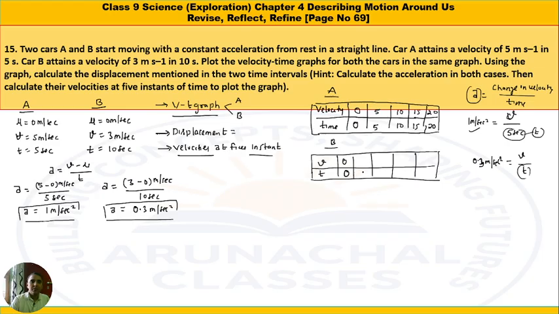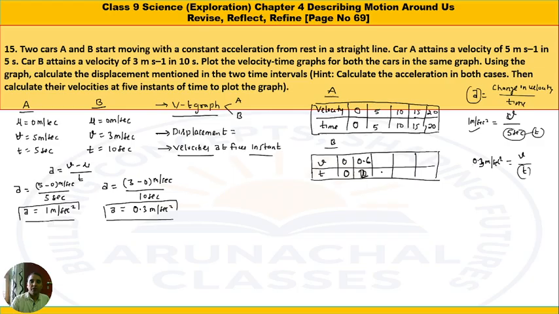Time goes up to 10 seconds. If I take time as 2 seconds, 2 multiplied with 0.3 is 0.6.